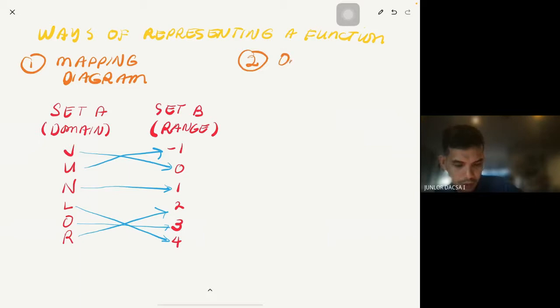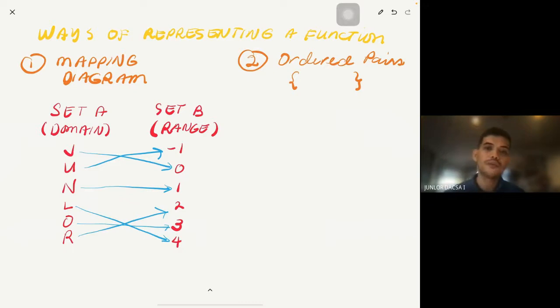So ordered pairs. Okay. So paano to? So we will use, of course, brackets to list down all the set of ordered pairs to represent a function.